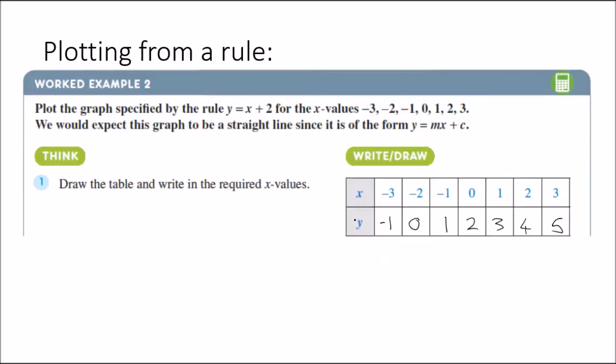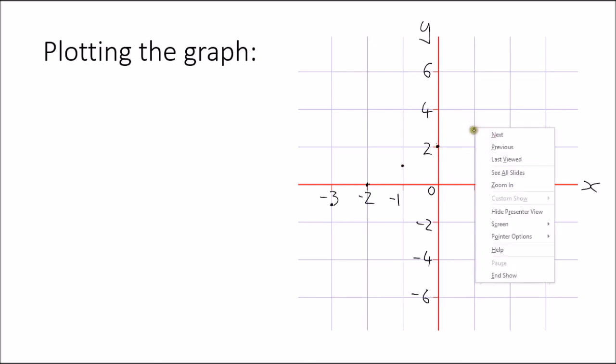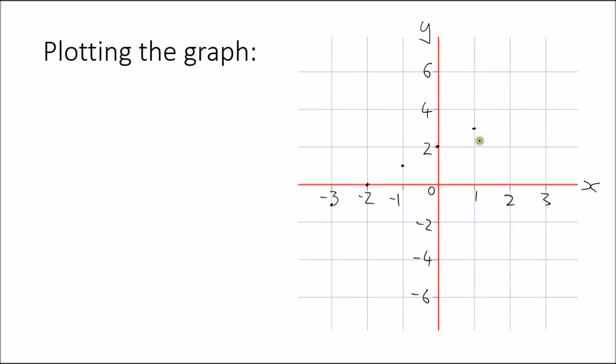Moving back, -2 is at 0, -1 is at 1. 0 is at 2. Sorry, 1 is at 3, halfway up on the scale, I mean. 2 is at 4, and 3 is at 5. Oh, and one of my points just disappeared. That was odd. Right, there we go.